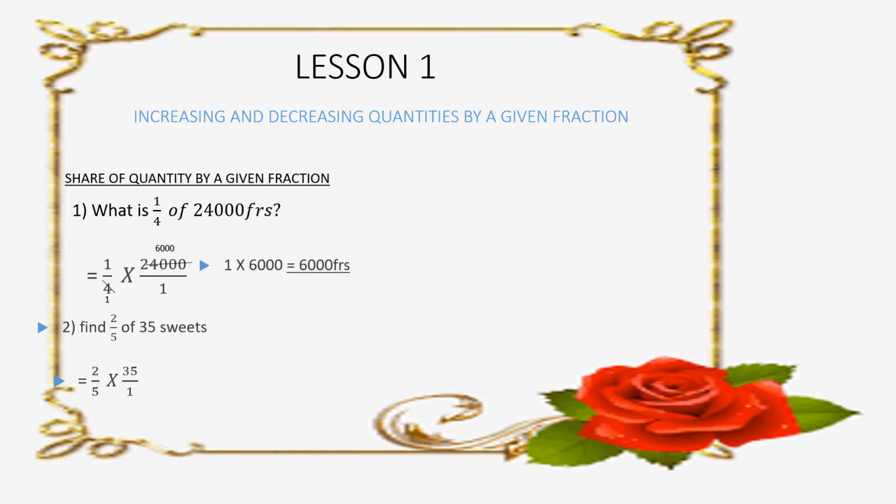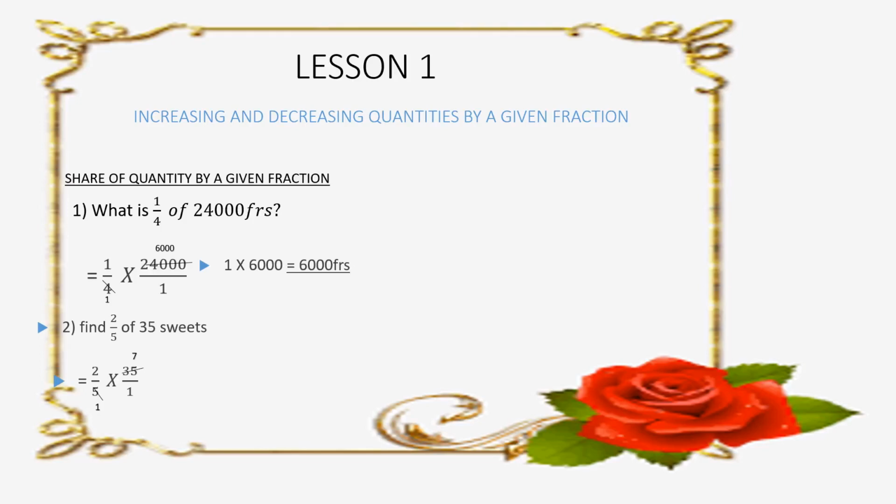Now we check for cancelling or simplifying. 5 is going to cancel itself one time, and 35 divided by 5 is 7 times.